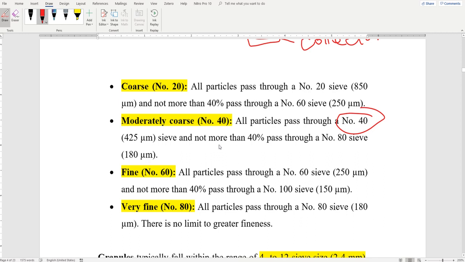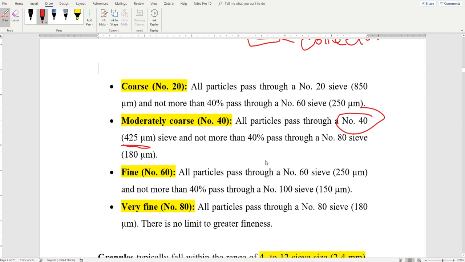Then moderately coarse, which is number 40: all the particles will pass through sieve number 40. What is the aperture size of sieve number 40? 425 micrometers, which means the largest size for the powder is 425 micrometers. And then not more than 40% pass through sieve number 80. What is the size of sieve number 80? It's 180 micrometers.